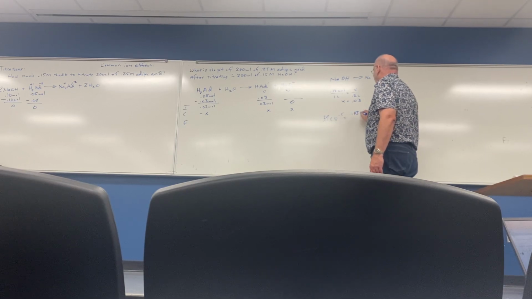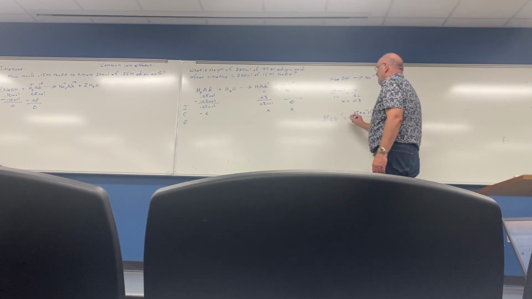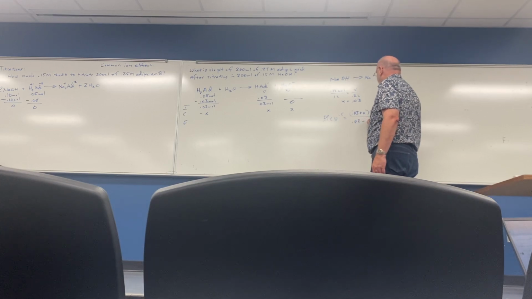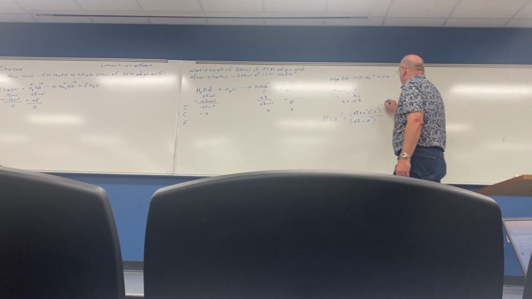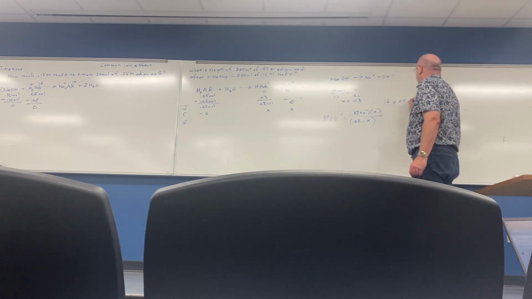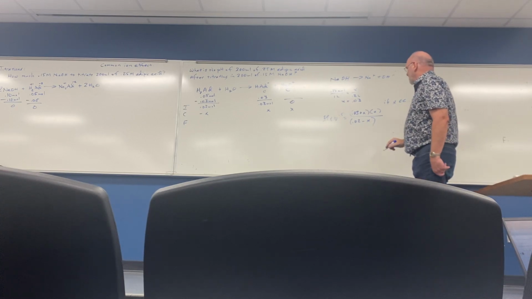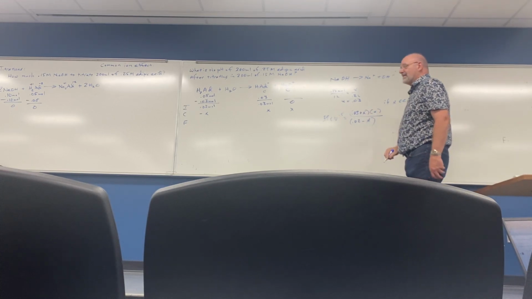So 3.9 times 10 to the minus fifth equals 0.03 plus X times X over 0.02 minus X. If X is really small relative to 0.02, that's going to cancel those out.